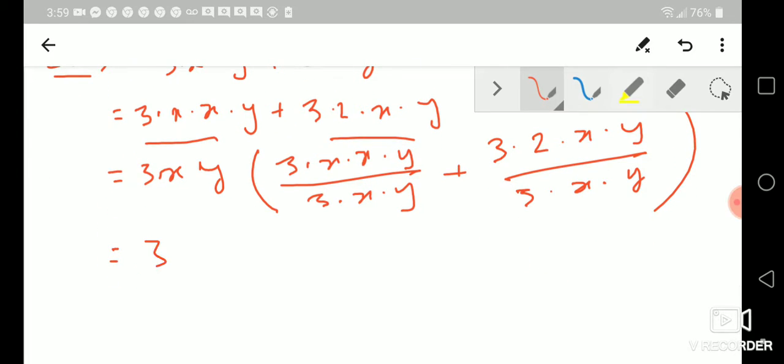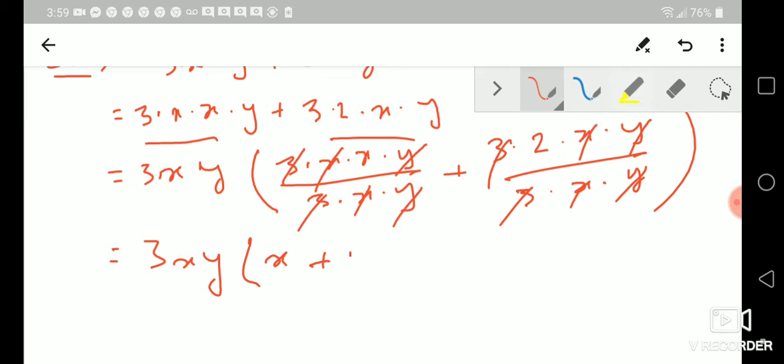We'll get rid of the common ones. 3 and 3 is common, so we get rid of that. x is common, we get rid of it, and y is common, so we get rid of y. In the second one, 3 and 3 is common, x and x is common, and y is common. So in the first we are left with x, and in the second we are left with 2.